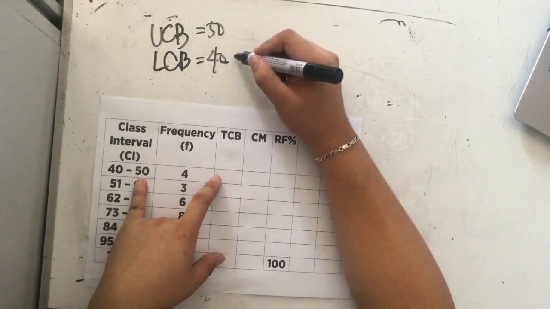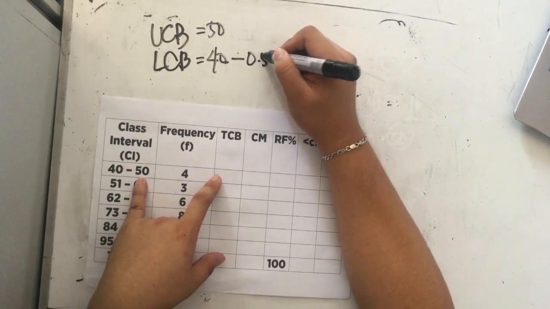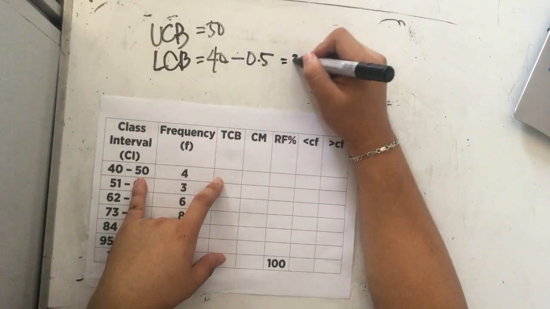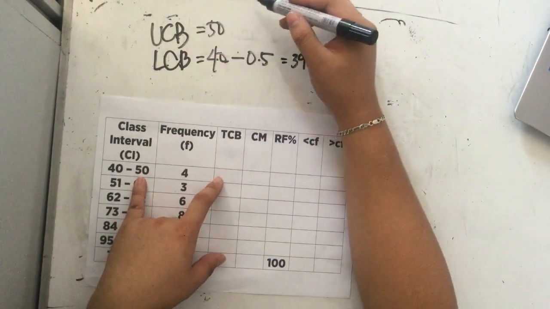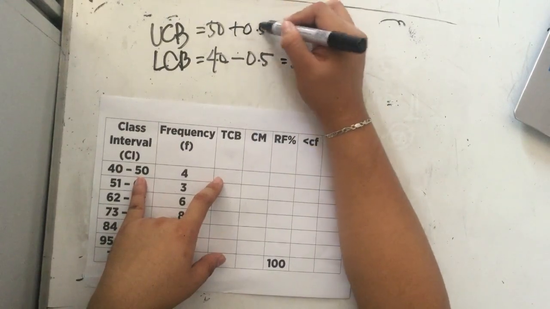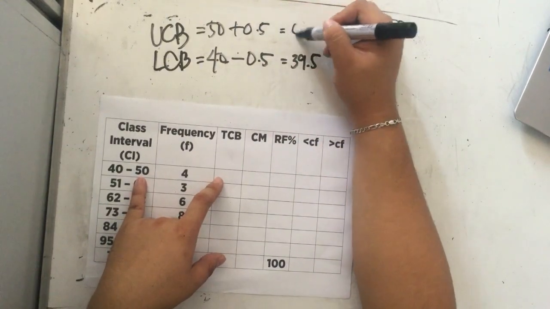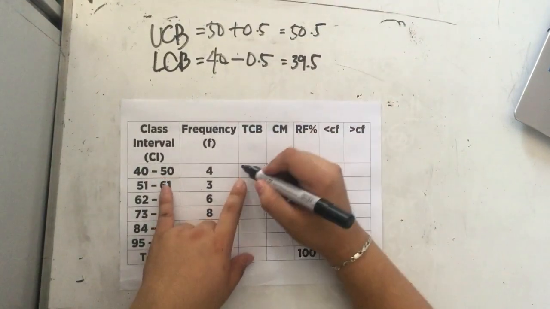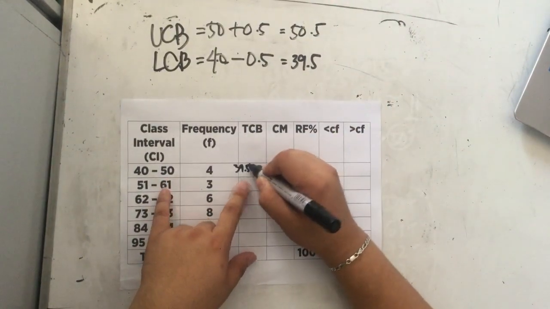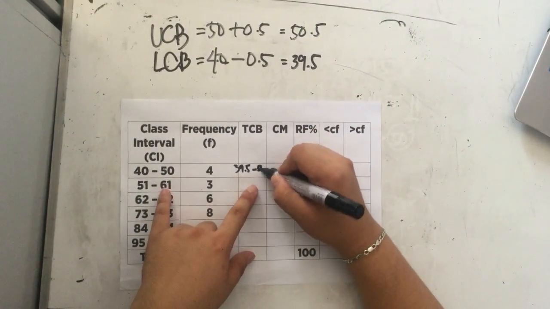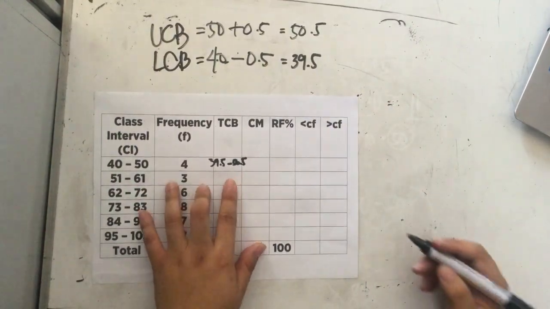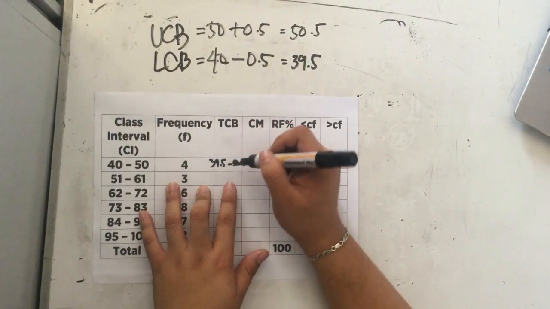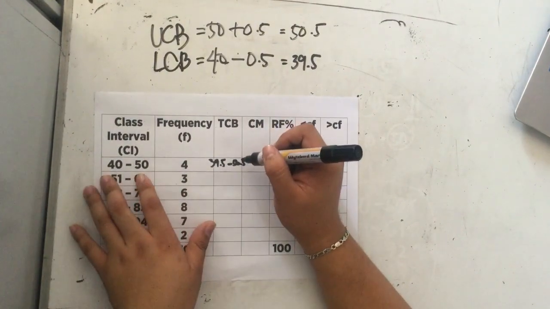So for lower limit, it is subtract 0.5, so magiging 39.5, and then our upper class boundary, we add 0.5, then we get 50.5. So we have 39.5 to 50.5. Okay, so that will be our lower class boundary and upper class boundary ng first interval natin.